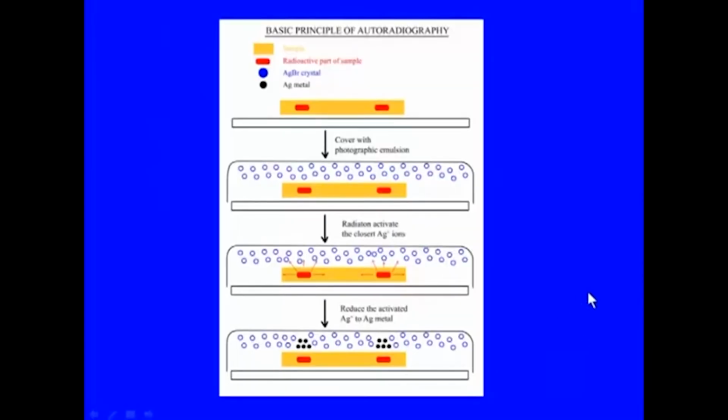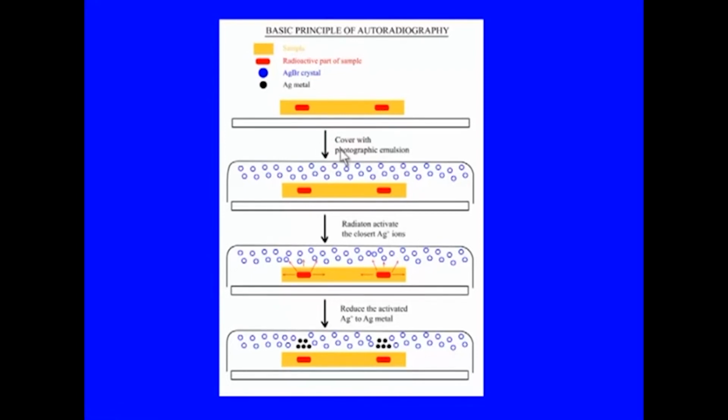Now, let us get into this figure here, which explains what we have discussed. If you can see here, there are a few things. One is your sample, and this sample contains the radioactive material. The red colored part is the radioactive material.